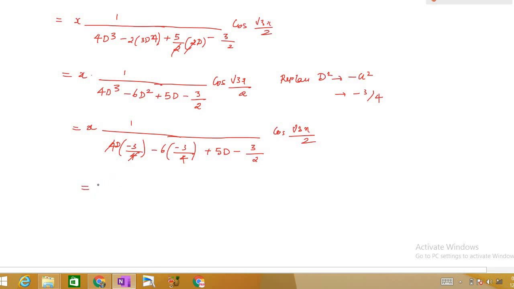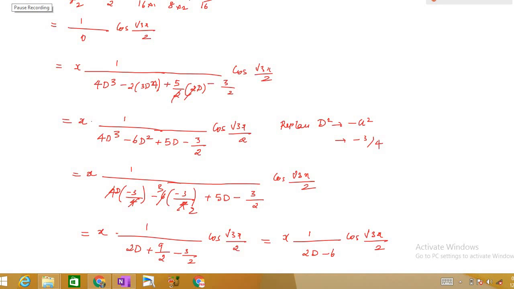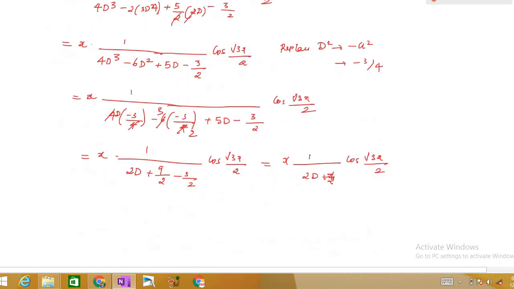So we have x into 1 by, this will be minus 3D, right? So minus 3D plus 5D is 2D, and here if I cancel the 2s we will have plus 9 by 2 minus 3 by 2 into cos root 3x by 2. So this is nothing but x into 1 by 2D minus 6, cos root 3x by 2. Sorry, here you will have 6 by 2 is 3, right? So 2D plus 3 cos root 3x by 2.